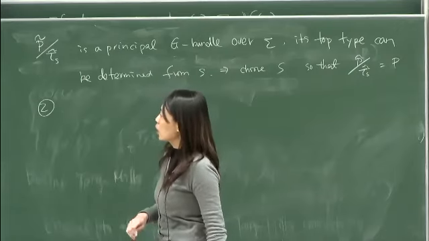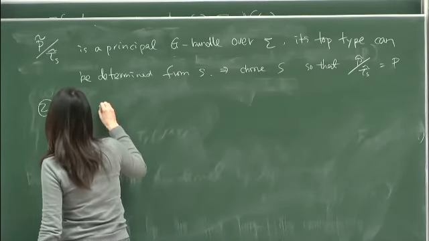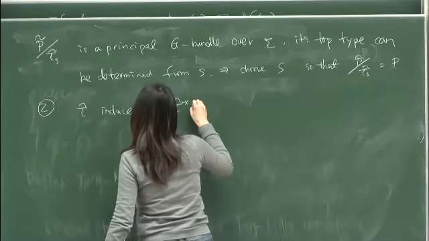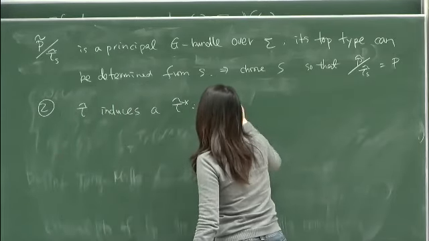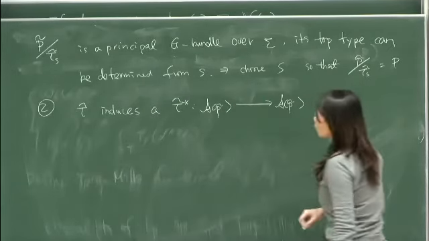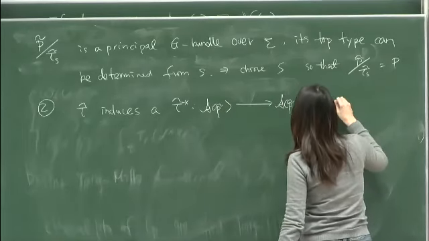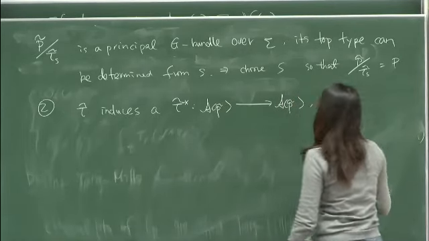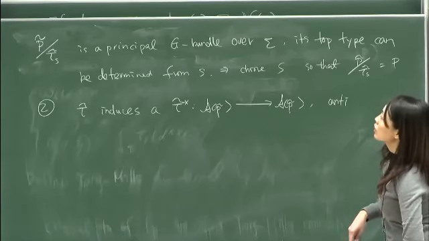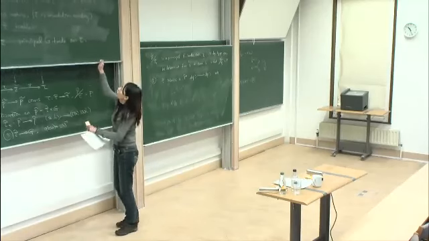And thirdly, we have this tau tilde that induces a tau tilde star on the space of connections upstairs. And so this tau tilde star is, I forgot to say, I don't know if I erased it already, the deck transformation, right?